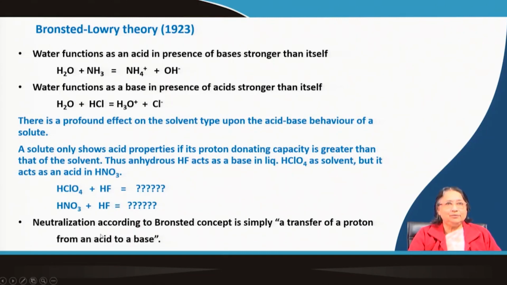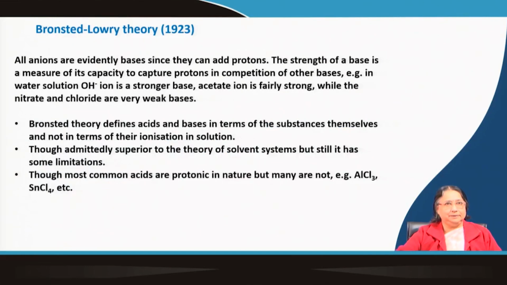In a similar way, neutralization according to the Bronsted concept is simply a transfer of a proton from an acid to a base, which has been explained already. Now, all anions are evidently bases, since they can add protons. The strength of a base is a measure of its capacity to capture protons in comparison with other bases.